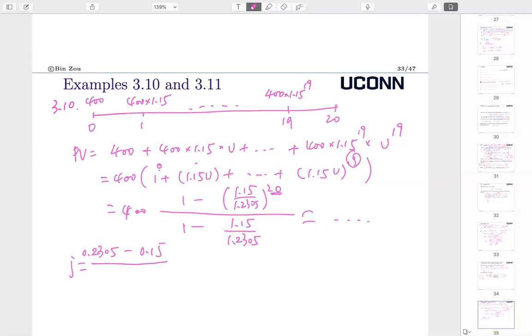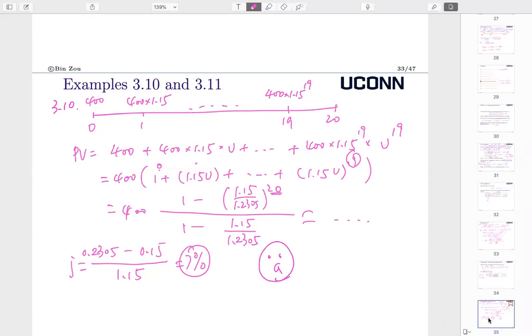Then you need to divide by 1 plus e, which is 1.15. Then you will get j to be 7%. The good thing with this is that once you get 7%, you can click on a few buttons on your financial calculator to get the result. But please remember, this is an annuity due, so you will need to change to the beginning time on your financial calculator. It probably involves a second function, so use the menu on your calculator to practice.